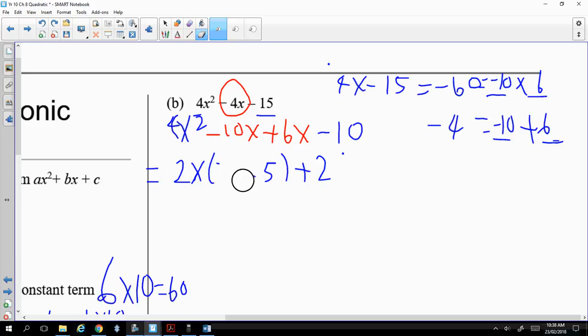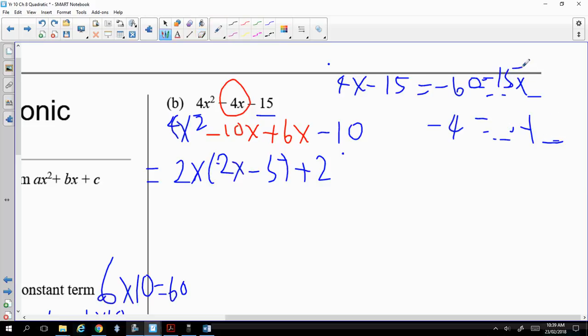Should be 2x minus 5. Minus 15, oh, sorry. So minus 15, the negative 10x, 6x.